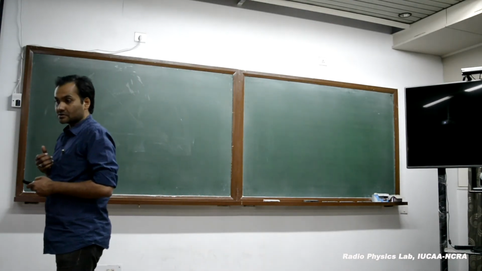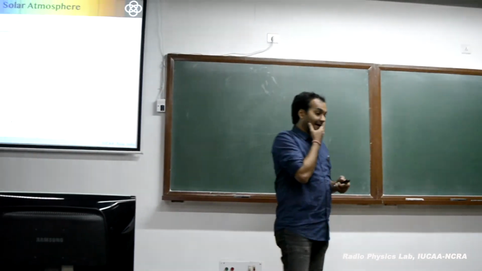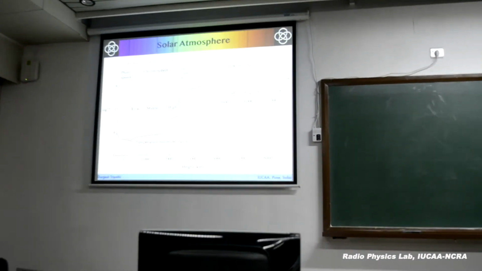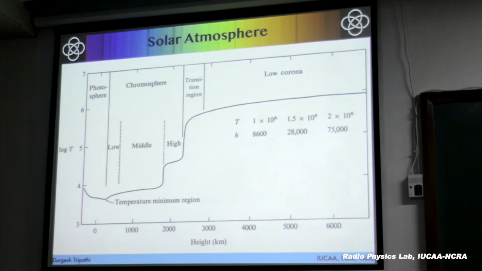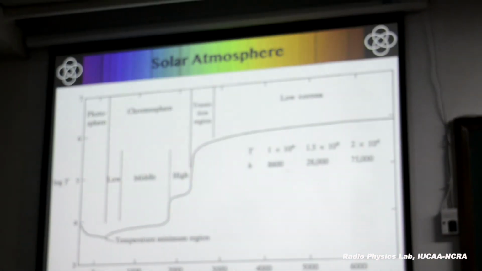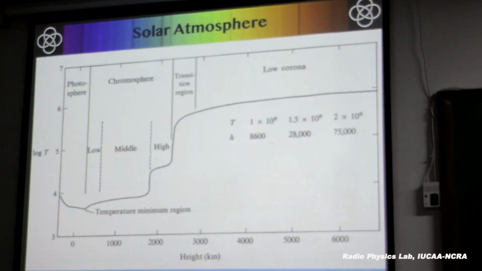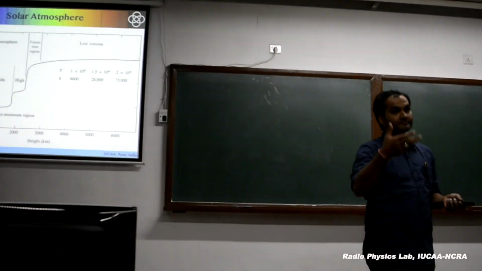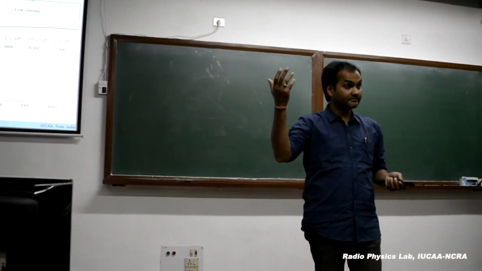Right. So now with the instrumentation and the kind of understanding we have, we could measure the temperature as and when you go. So you can model the temperature up till here because the temperature will be going down, and you can measure what the temperature is at the surface because you can look at the spectrum.